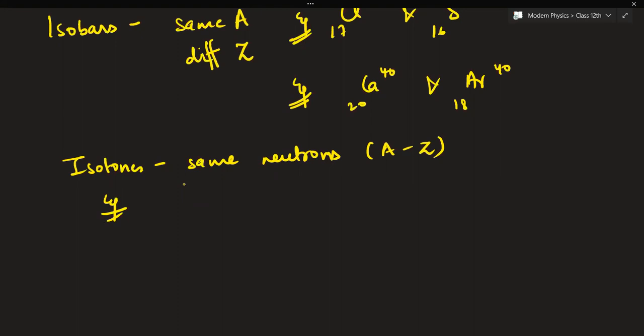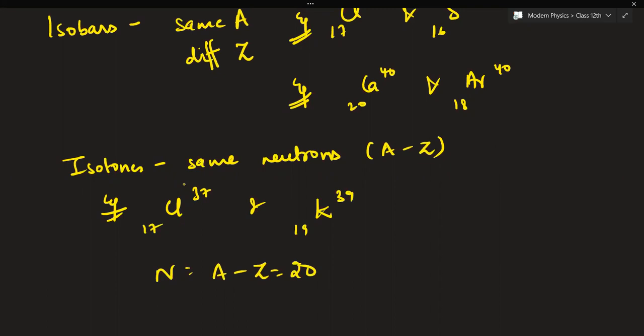For example, take chlorine 37, 17 and potassium 39, 19. Now if you subtract, N is A minus Z. Here you're getting 39 minus 19, which is 20. Here you're getting 37 minus 17, which is 20. Both are the same. These are known as isotones.